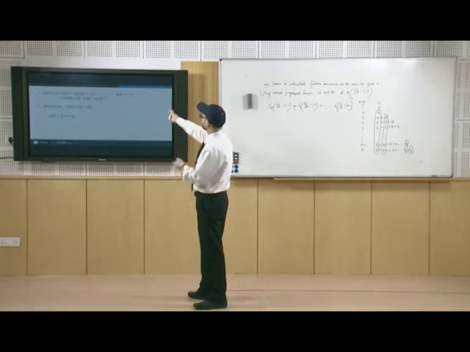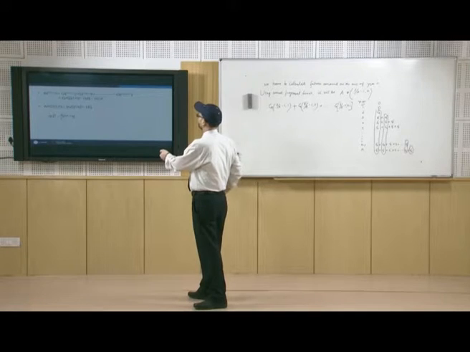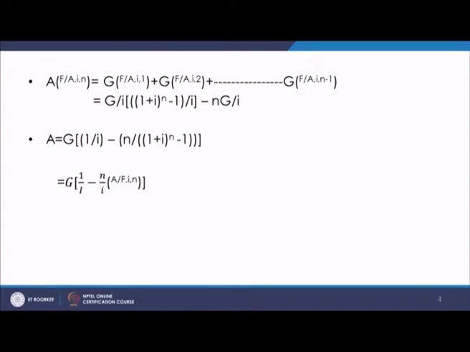So, what we have seen, this is the expression we get: A into f by a I n should be equal to g times f by a I 1, that is single g.